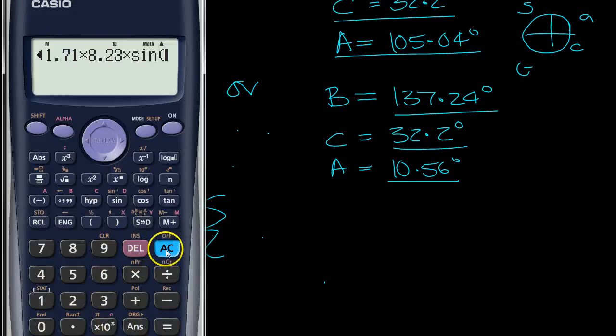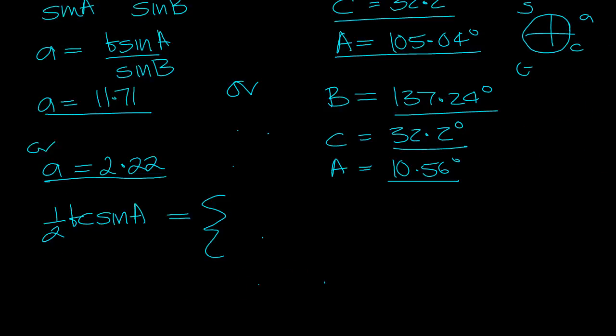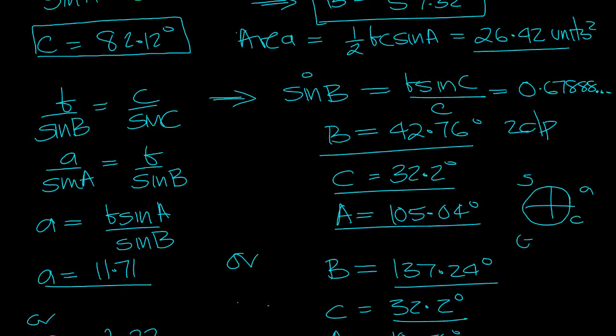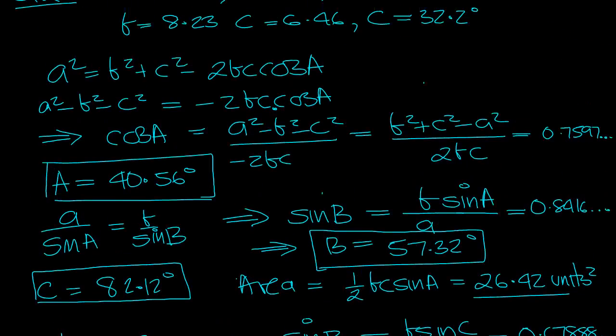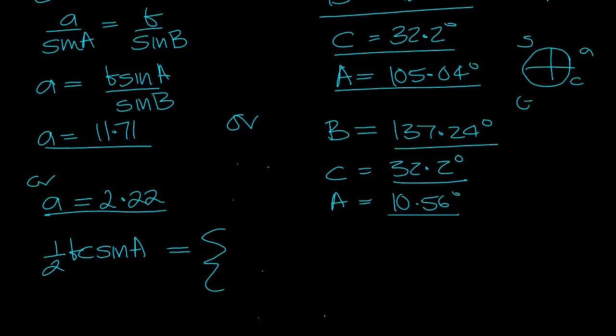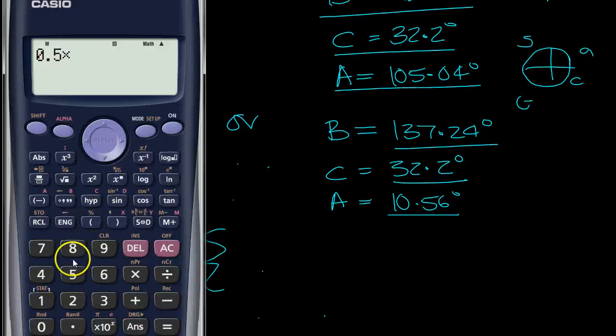So it's half BC sine of A. So half, 0.5 times B, which I'm going to go back up and check. I think it's 8.23. Yeah, and 6.46. 8.23 times 6.46 times sine, and now there's the difference, 105.04, close bracket, equals, that's the first one, 25.67.